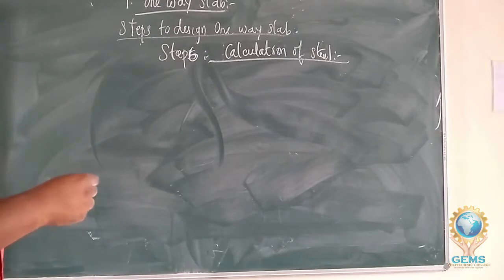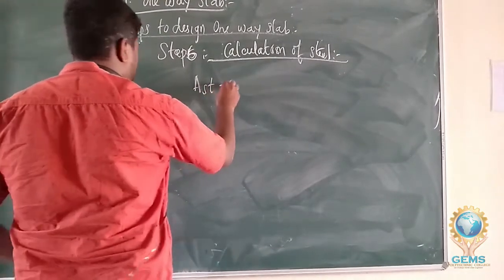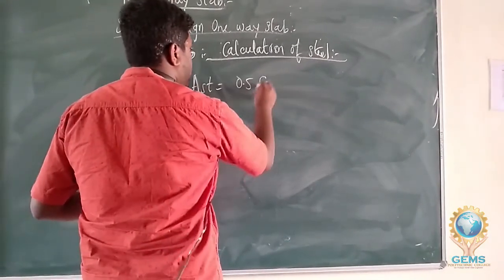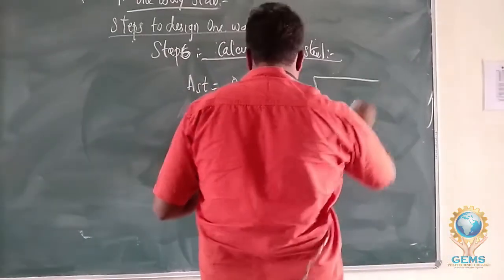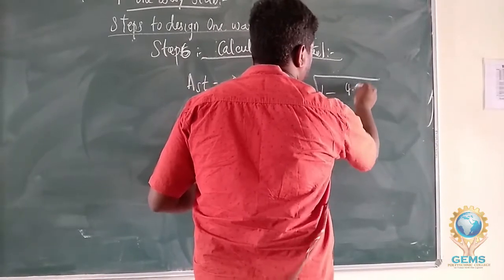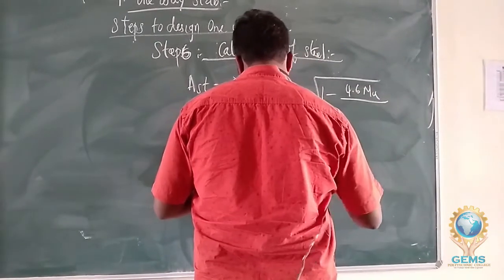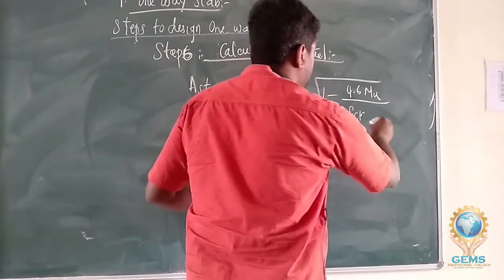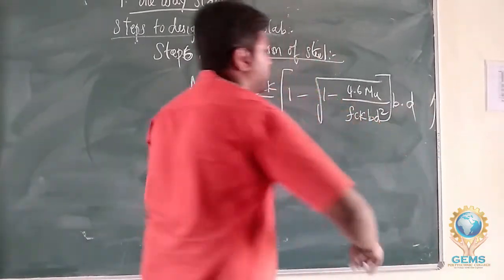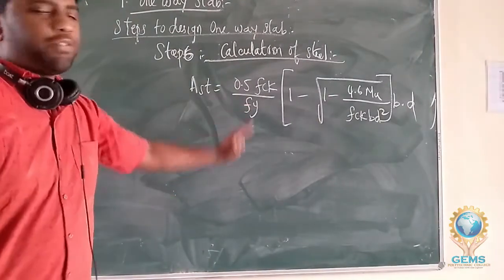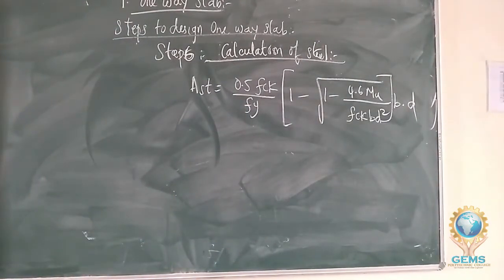I have already told you this formula, very simple. Ast is equal to 0.5 fck by fy into 1 minus root of 1 minus 4.6 MU divided by fck b d square, close the bracket, into b into d.